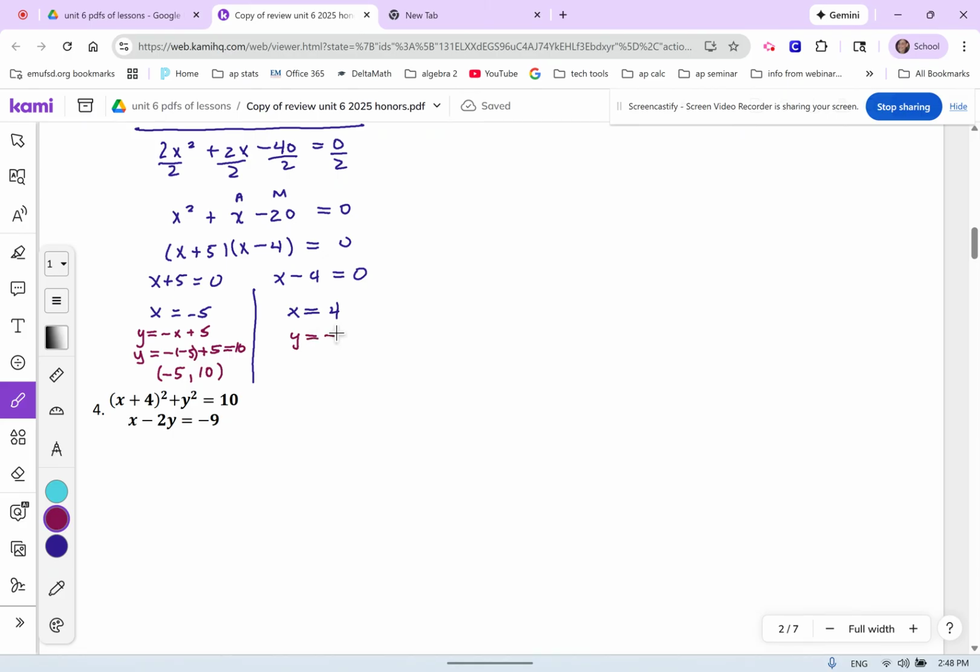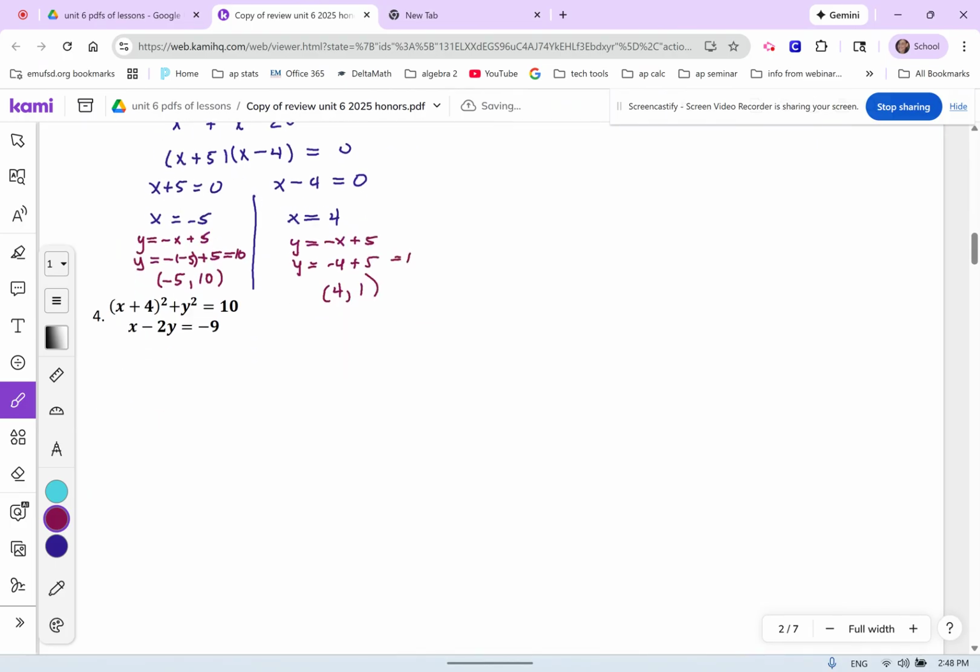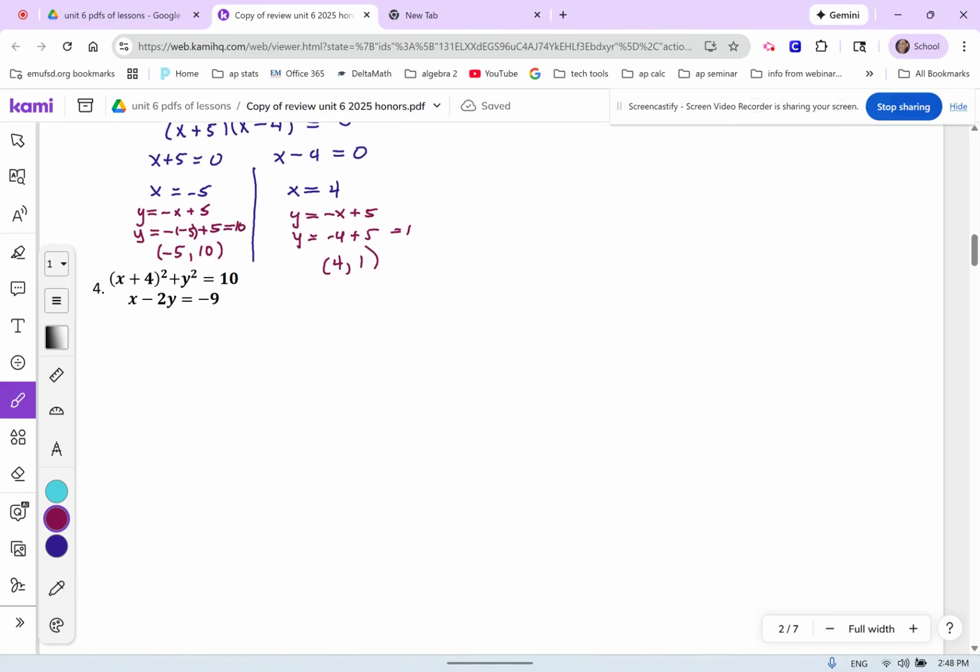So again, into that linear equation. And when I do that, I get 1, and so the other solution is 4, 1. And again, you can either check this graphically or algebraically. I'm going to do example number 4 as the last one in this specific video.